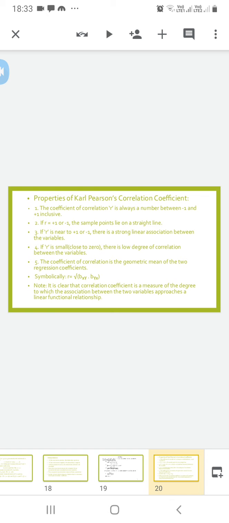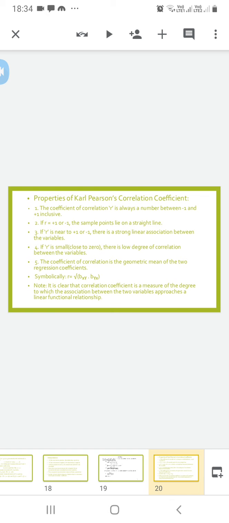The coefficient of correlation is the geometric mean of the regression coefficients. Pearson's correlation coefficient cannot exceed 1 numerically. In other words, it lies between -1 and +1.